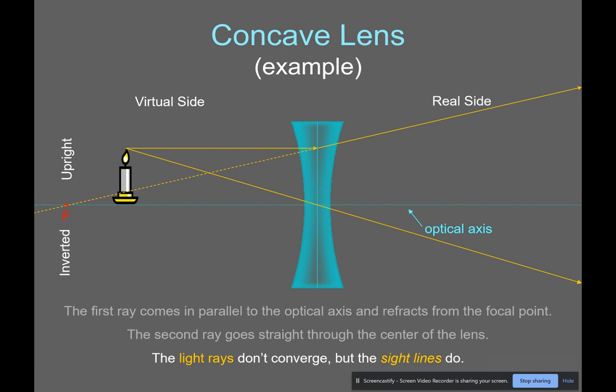If you notice, light rays don't converge, but sight lines do. So you don't have the dotted line here for your second ray. That is where your image would be. So your image is virtual and upright. Thinking about a concave lens, would you be able to see that image? Hopefully you said no, because we use lenses to look through. Anything on the real side you'd be able to see; anything on the virtual side you would not.